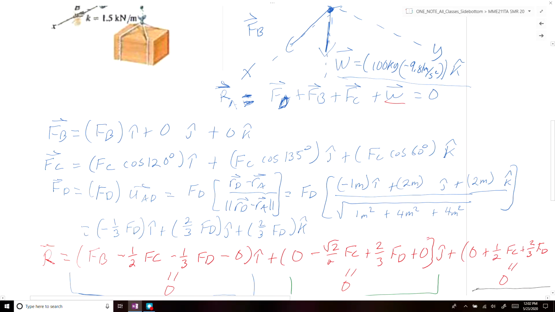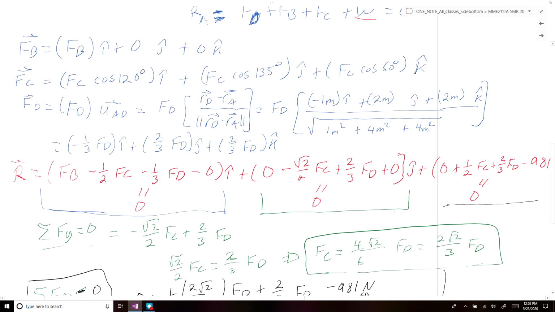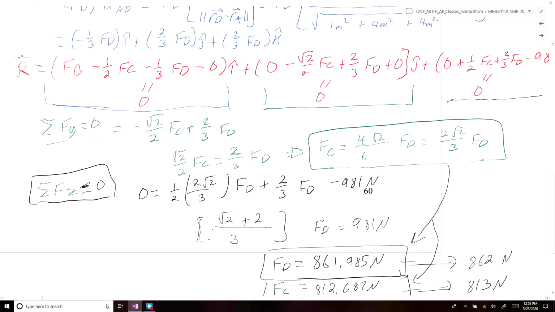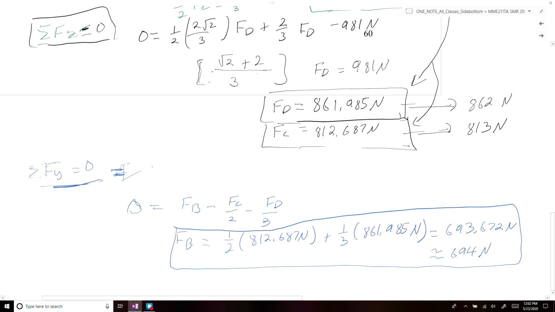And once we did that, we could then sum all our forces together to get the x, y, and z components of our resultant force. Then we could solve each of those components equal to 0, and solve for each of the unknowns individually. And we got our 3 answers of 862, 813, and 694 for FD, FC, and FB.